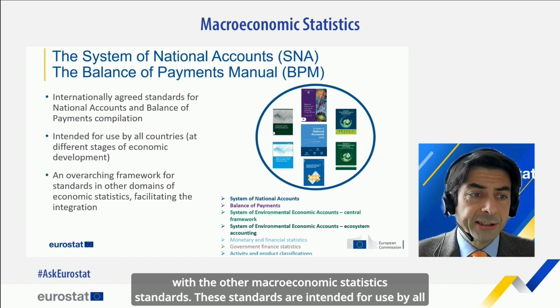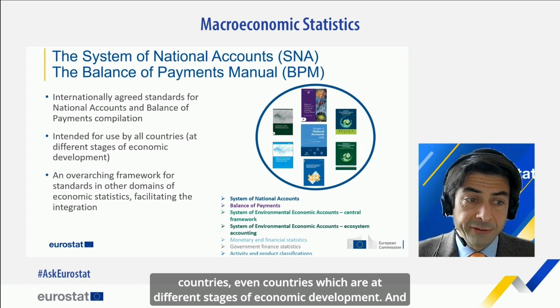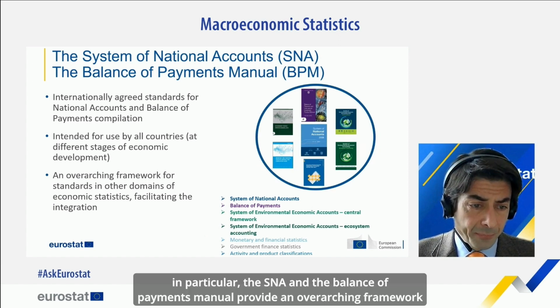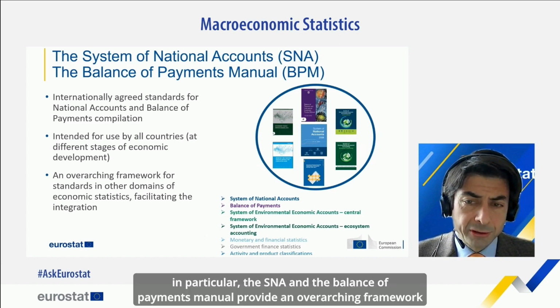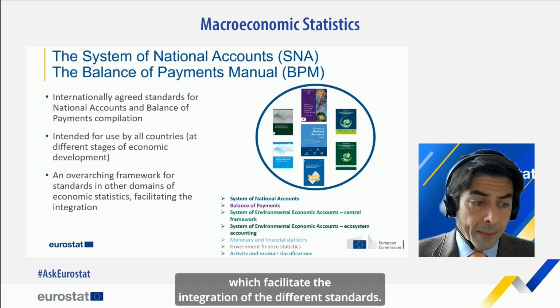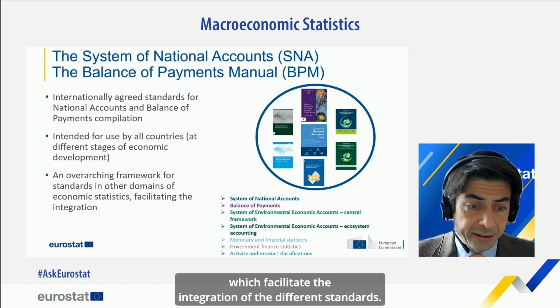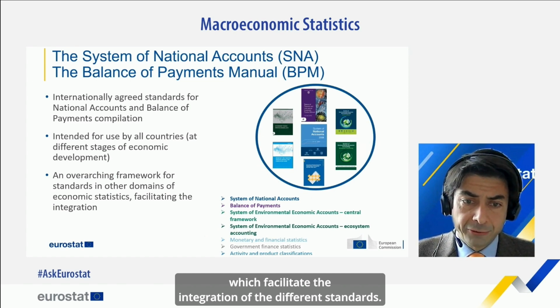These standards are intended for use by all countries, even countries which are at different stages of economic development, and in particular, the SNA and the balance of payments manual provide an overarching framework which facilitate the integration of the different standards.